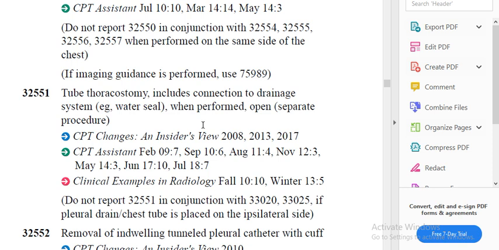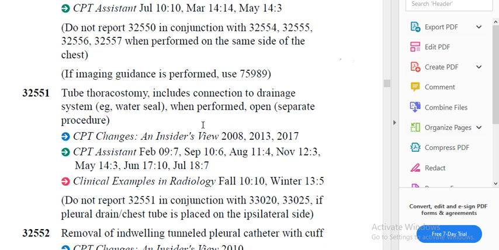Tube thoracostomy includes connection to drainage system when performed open, separate procedure. The stomy suffix means artificial opening. So here thoracostomy means artificial opening in the thorax. It is a temporary opening. As soon as the hemothorax gets evacuated, the physician will close this thoracostomy site.